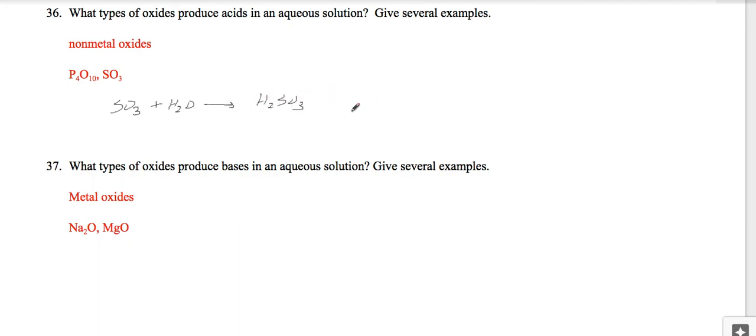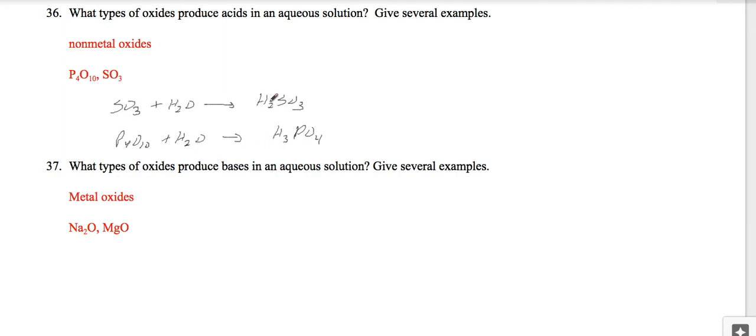So we're just making the acid out of it that is based off of whatever polyatomic ion this is. So like P4O10 plus water would make phosphoric acid. And then we would have to balance this thing out, however that works. But that's the process of these.